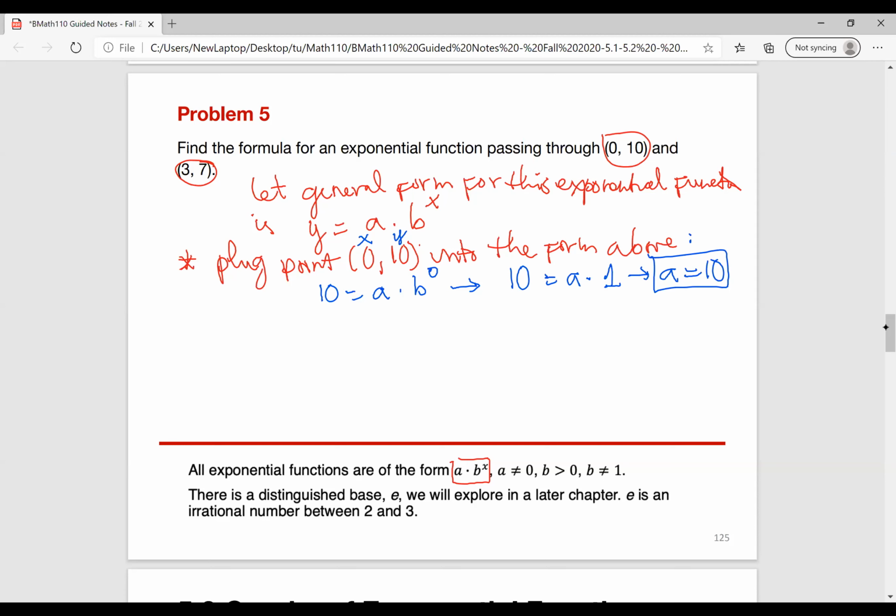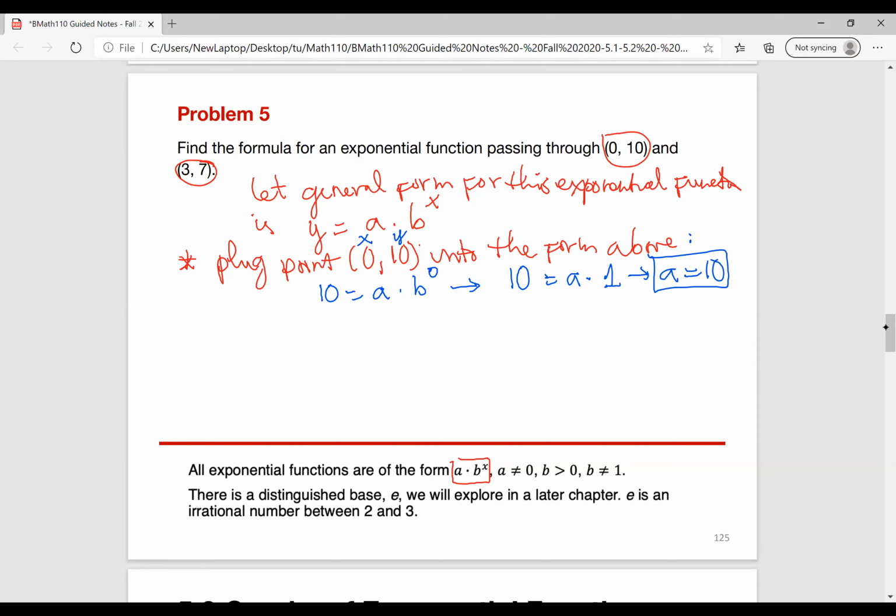In the case that you don't have x equal to 0, and you cannot get rid of b, you may isolate one of them, maybe a.